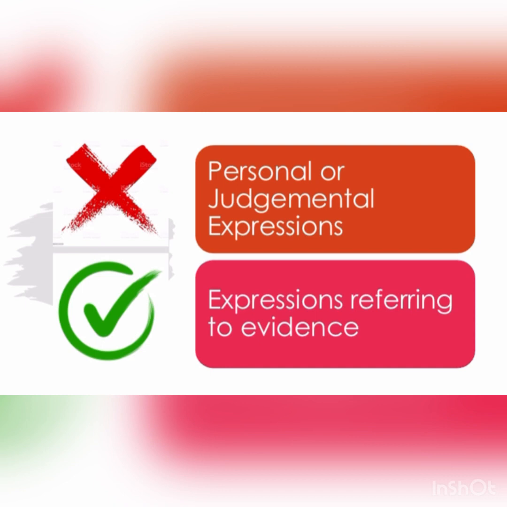Or considering the result, it can be concluded that, or it is evident from the text that. So here we are referring to some evidence. I'm not stating my personal opinion. So when you are writing something serious, when you are preparing for academic writing, you need to give expressions referring to evidence rather than giving personal or judgmental expressions.